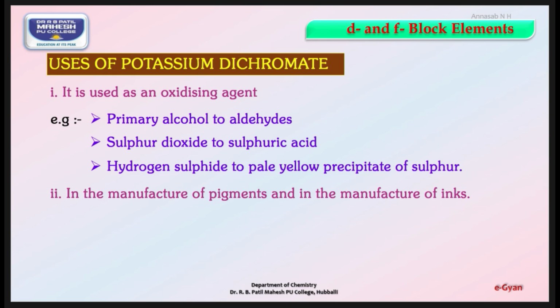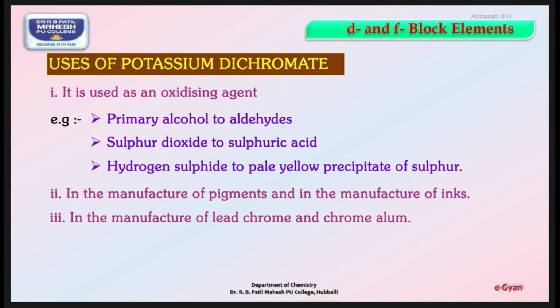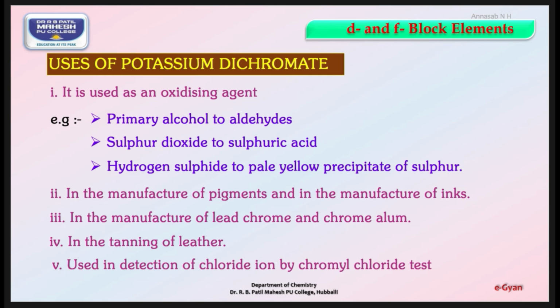Further, in the manufacture of pigments and inks, potassium dichromate is used, and also in the manufacture of lead chrome and chrome alum, and in tanning of leather, and it is also used in the detection of chloride ion by chromyl chloride test. So these are the important uses of potassium dichromate.